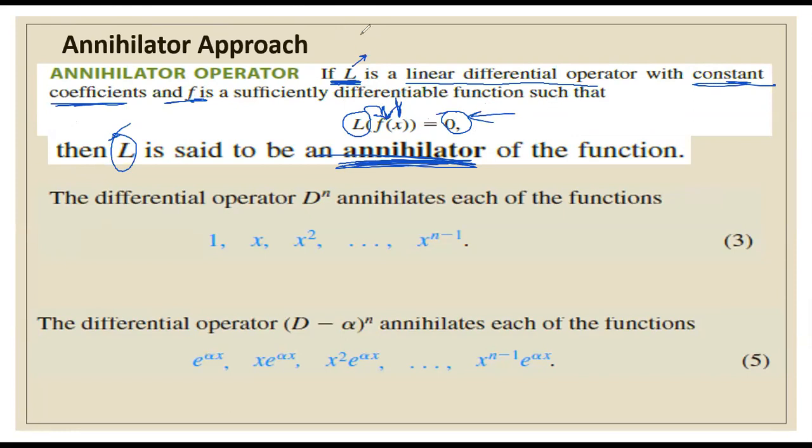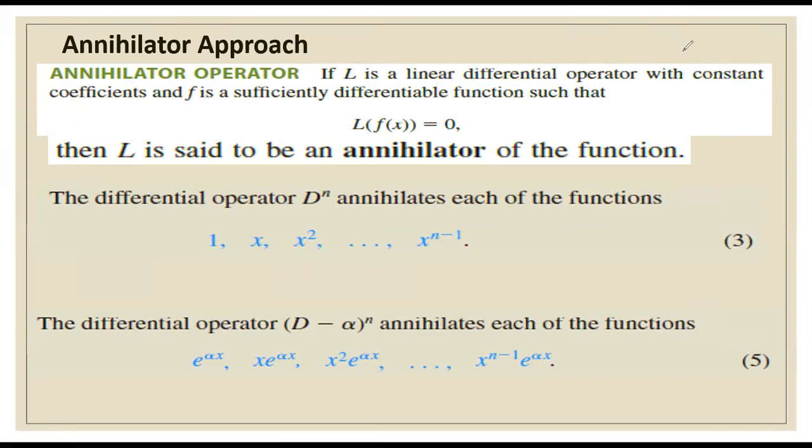Now, I have a question. What do you think about the annihilator of x to the power 7? Which derivative will make this 0? D to the power 8. Great. So if you differentiate x to the power 7 eight times, you will get 0.